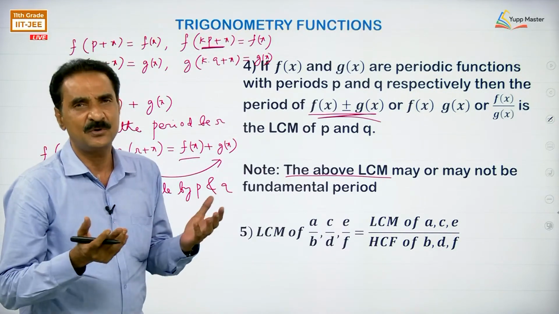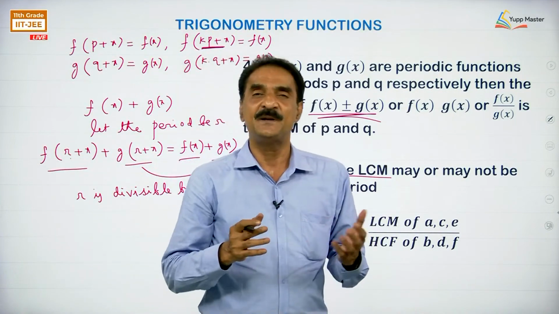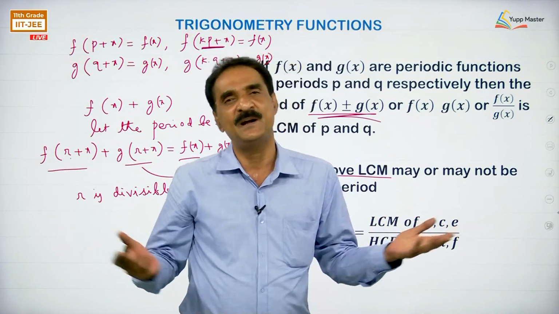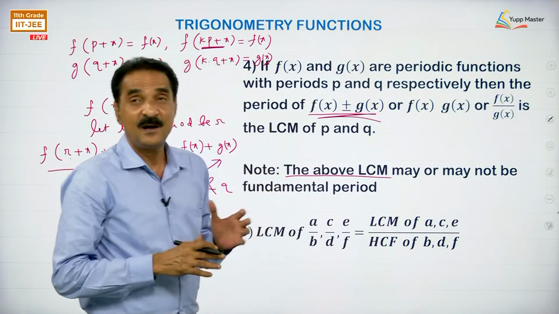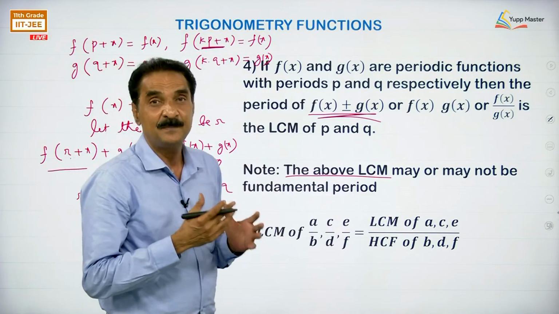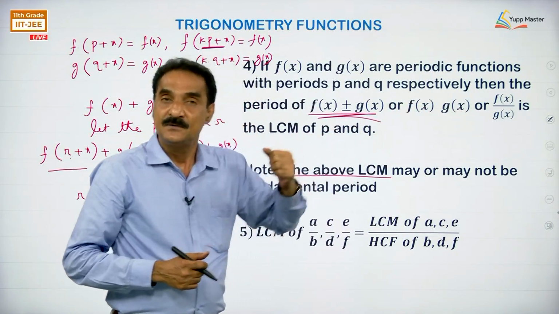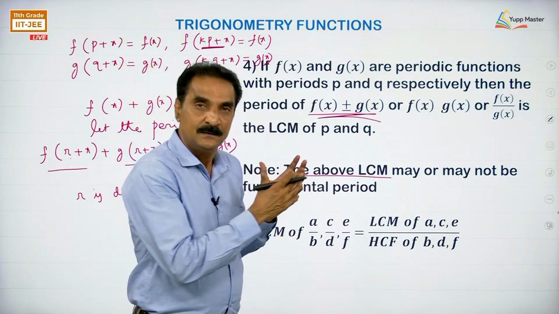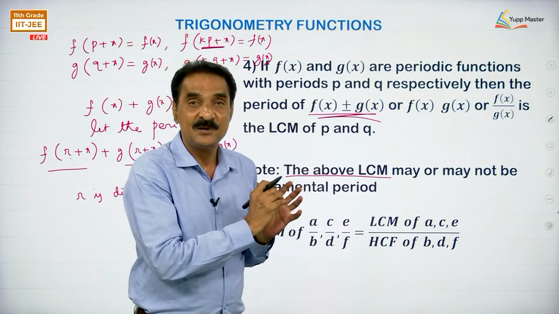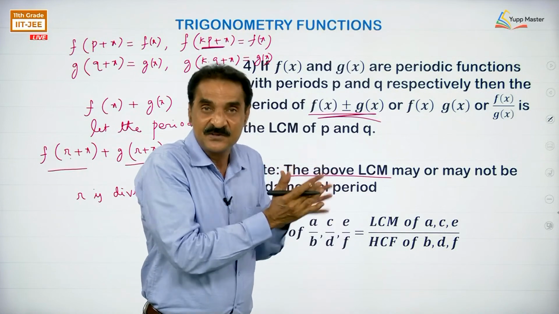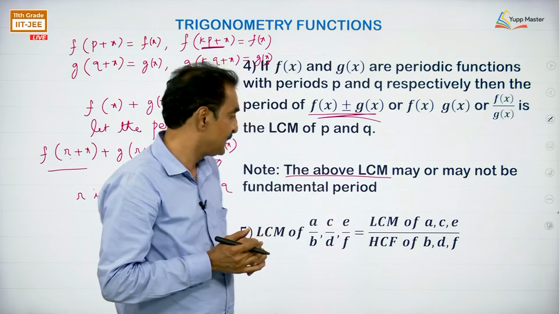General period means, I told you the fundamental period of sin x is 2π, but a general period can be 4π, 6π, 8π and so on. So, if you want the fundamental period only, the LCM method should be avoided and the function should be simplified. We are going to discuss these methods in the problems.